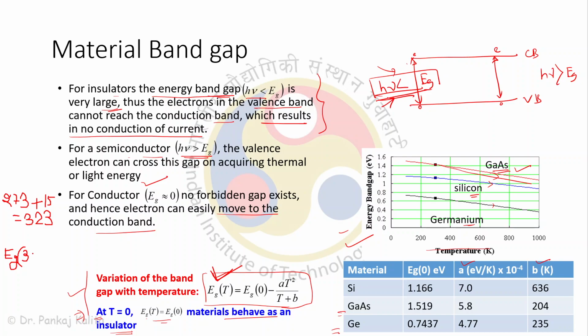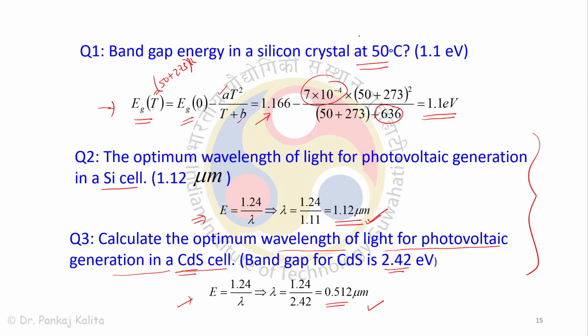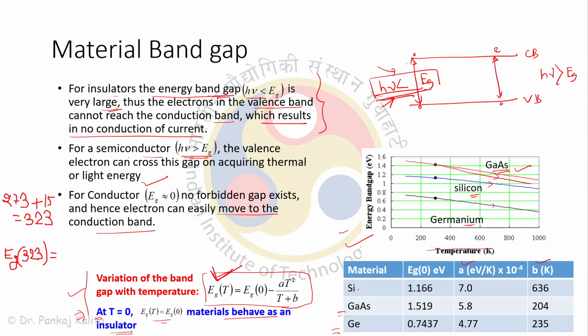So E_g(T) equal to E_g(323). Now you need to know the value of E_g0. For silicon crystal, go to the table. What is the value of E_g0? 1.166, minus, what is the value of a for silicon?